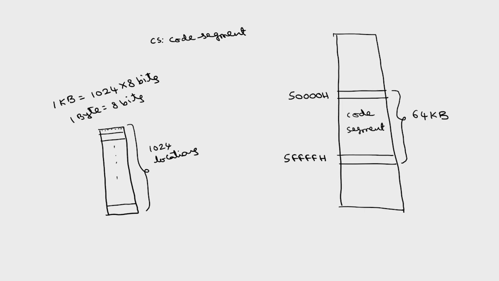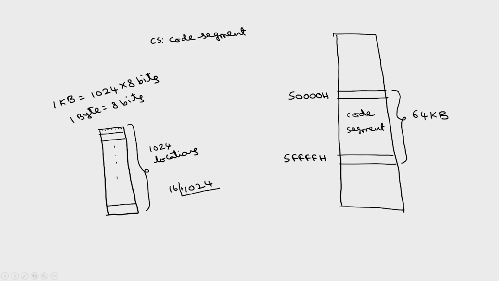So, let us convert this 1024, which is decimal, into hexadecimal. In order to convert a decimal number into hexadecimal, you successively divide by 16 till the quotient is 0.